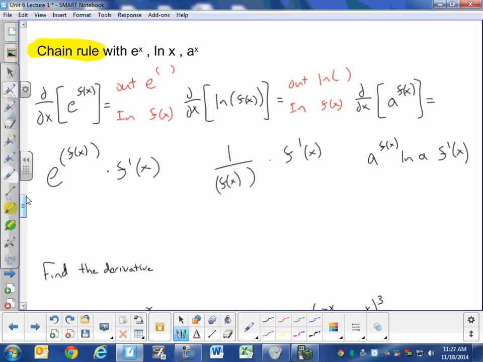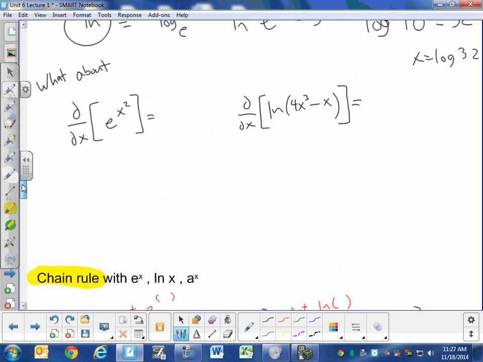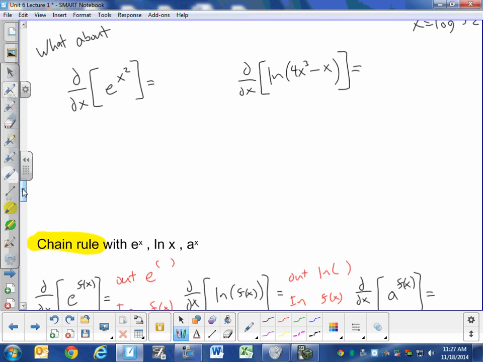Okay, but I don't want you to have to memorize these rules. I just want you to understand that it's still the chain rule. The chain rule still applies. So if I tell you to take the derivatives of these two guys, you should be thinking chain rule.